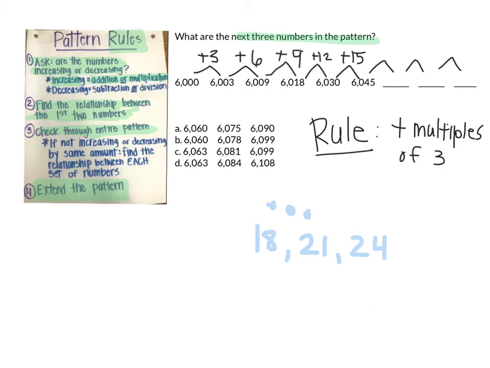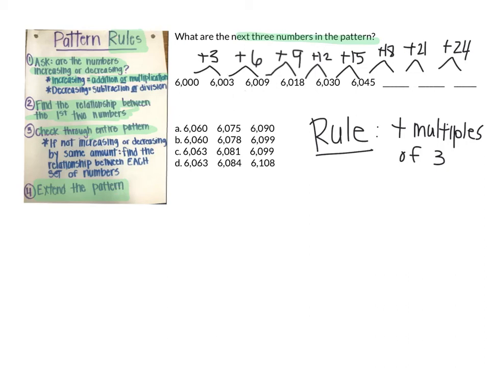Now we can plug these in up top. So next we're going to add 18, then we're going to add 21, and last we're going to add 24. All right, let's go ahead and stack and add these multiples so we can extend our pattern and finish up.